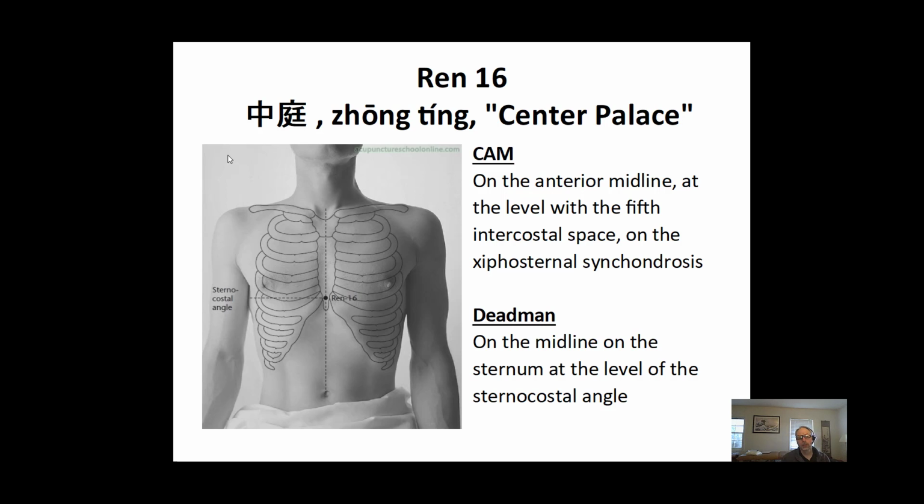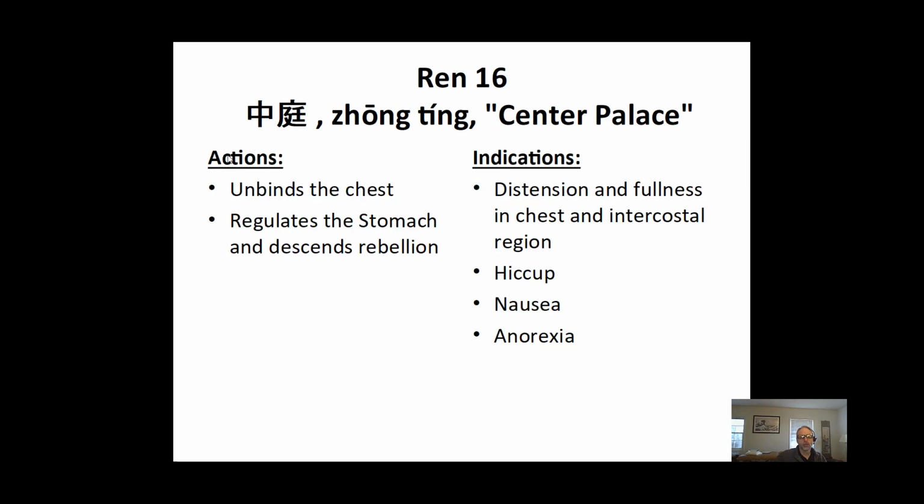Ren 16. On the midline of the sternum at the level of the sternocostal angle. It only does 2 things. Unbinds the chest, regulates the stomach, and descends rebellion, right? Anorexia is basically a learned behavior in which we encourage rebellious qi in the form of vomiting, right?